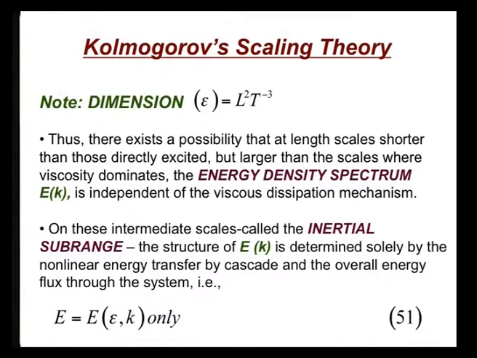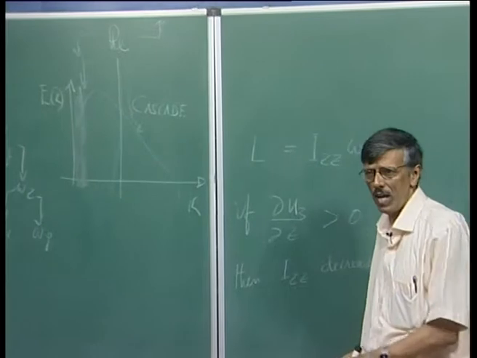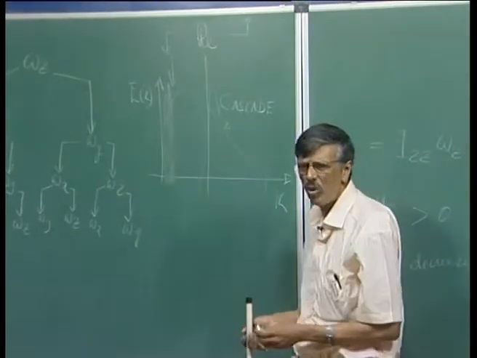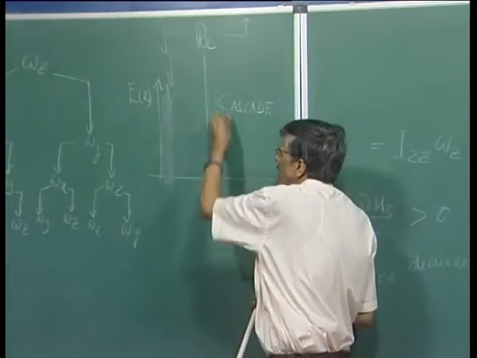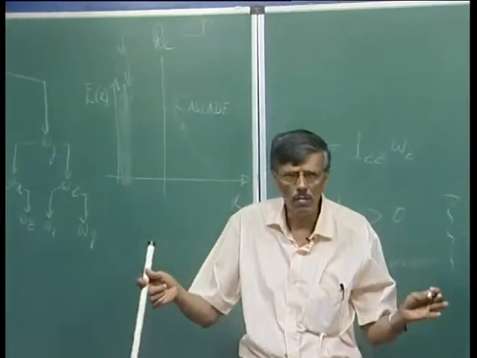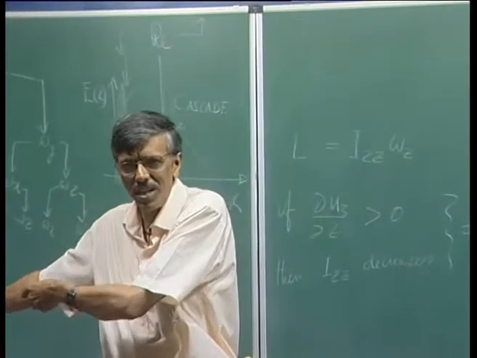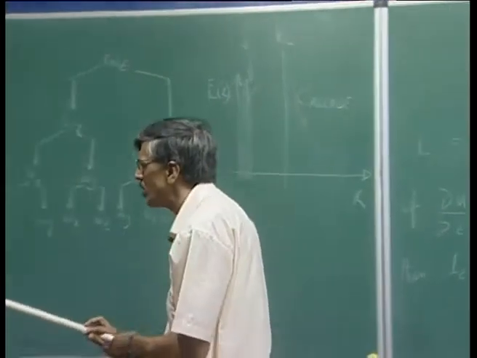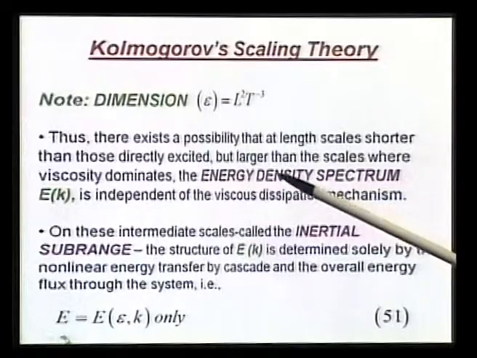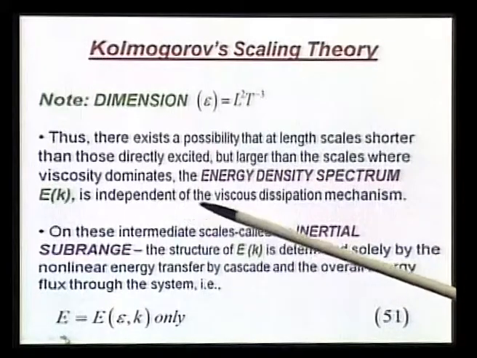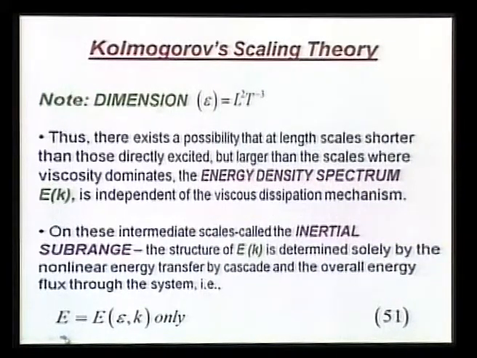Now, if I have reached a steady state, I am pumping in energy here, I am taking it out there. So, what happens to some range in the middle? It does not matter what you are putting in on the left and what you are taking out on the right. That is precisely what we are saying, that we can have some such range where the energy density spectrum E k is independent of what you are putting in and what you are taking out, right. So, what will happen?